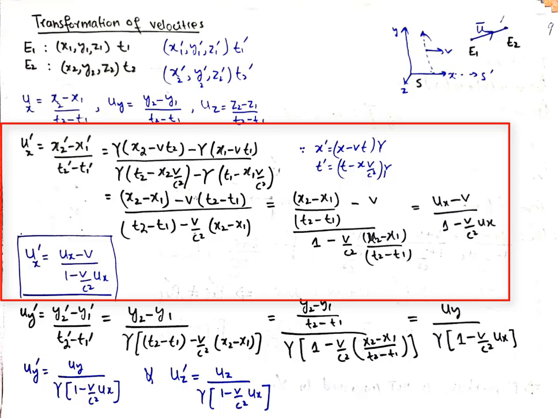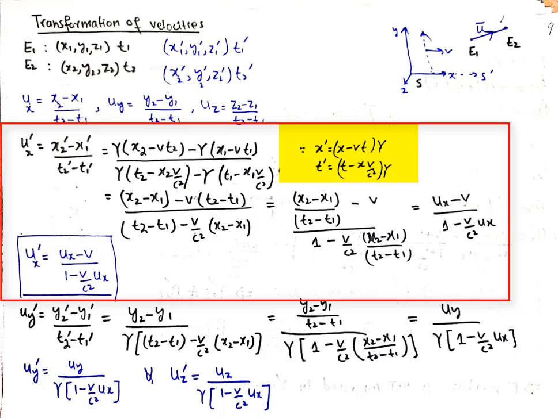But I can use the transformation equations to find the value of x2 prime and x1 prime. So from the Lorentz transformation you know these relations: x prime is equal to gamma times (x minus vt) and t prime is equal to gamma times (t minus xv by c squared). So I can use these transformation equations.